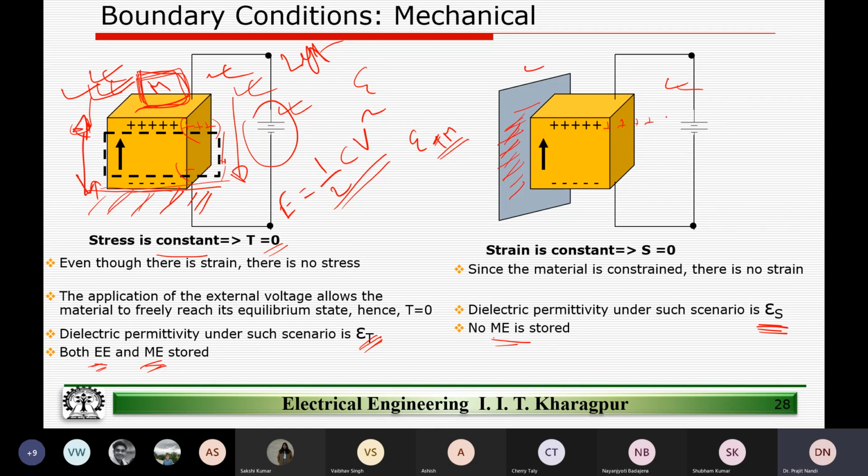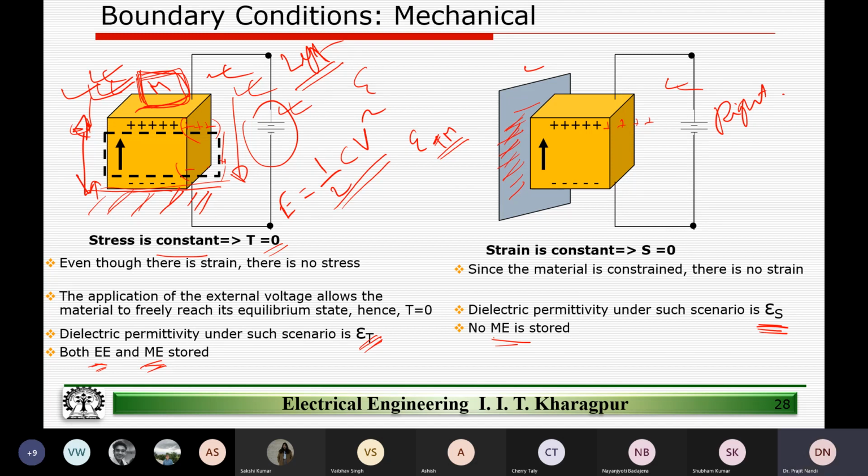So the same material on the left hand side has a higher ability to store energy, whereas the right hand side has lower capacity. It can store energy in only electrical form. The mechanical, we are kind of killing it.